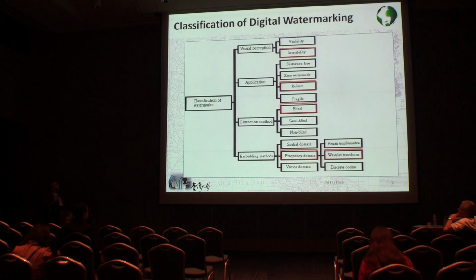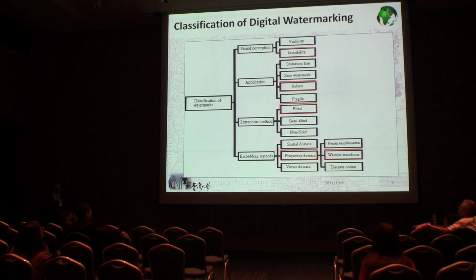For the extraction methods, the extraction of the watermark can be blind, semi-blind or non-blind. Blind means that we can retrieve the digital watermark without needing the original image. In non-blind, you need the raw image, the original image, to compare and then to get the digital mark. So our study will focus on the blind method.